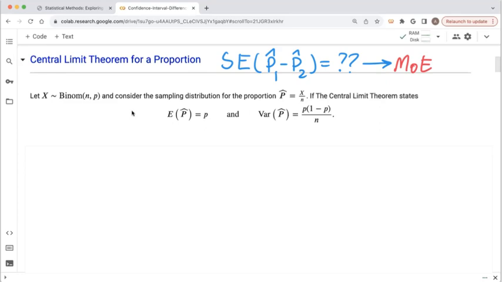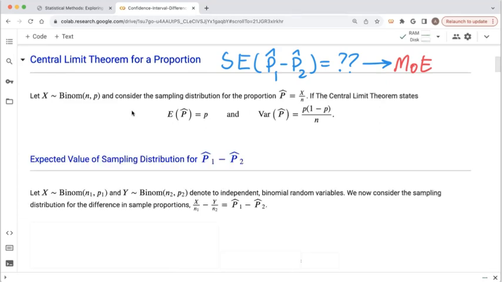For the sampling distribution for a difference in two sample proportions, p hat 1 minus p hat 2, now we have two independent binomial random variables, X and Y. X has n1 trials, each with success probability p1, and Y has n2 trials, each with success probability p2. The difference in sample proportions, therefore, is X over n1 minus Y over n2, which we denote with p hat 1 minus p hat 2.